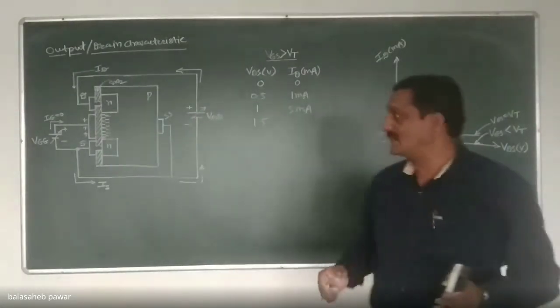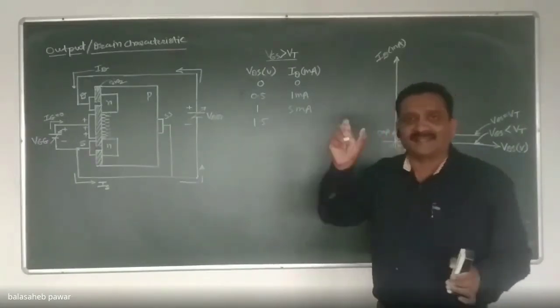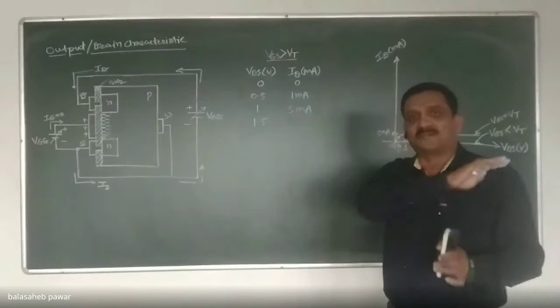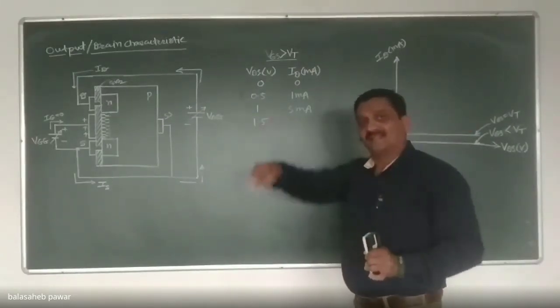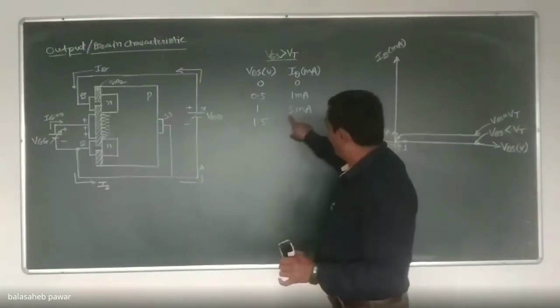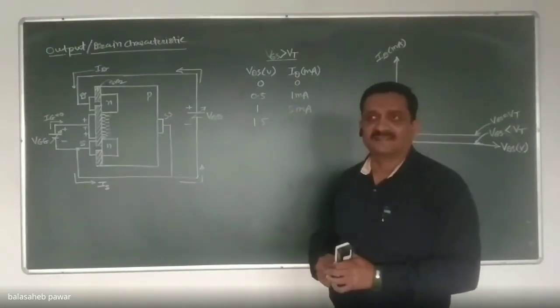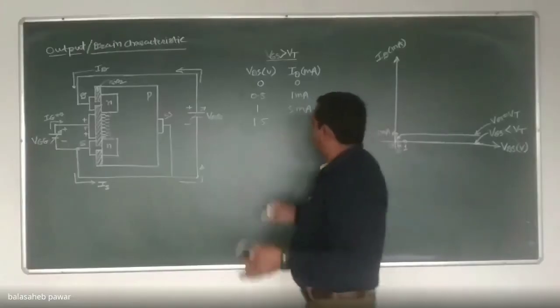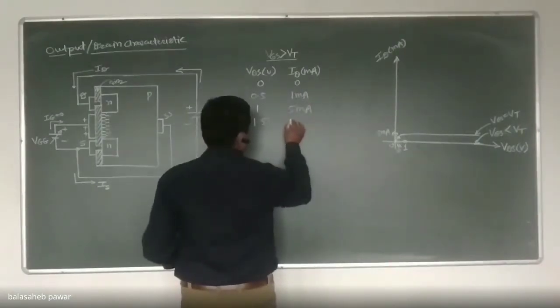If I apply 1.5 volt, out of that 150, suppose 100 charge carriers start to flow. What will be the effect on current by those 100 charge carriers? Will it be greater than 5 milliampere or remain 5 milliampere? Greater than 5, yes. Here we will consider that current is, for example, 8 milliamperes, right?